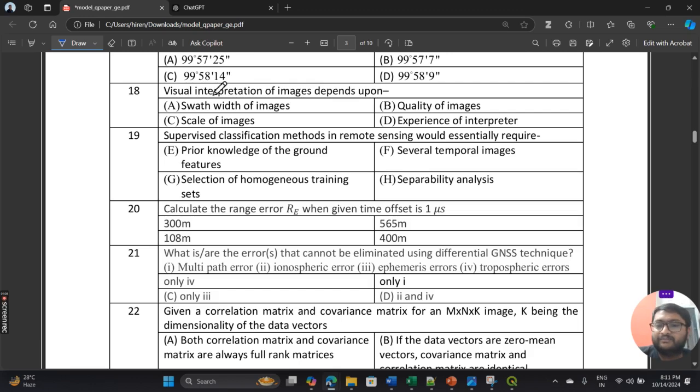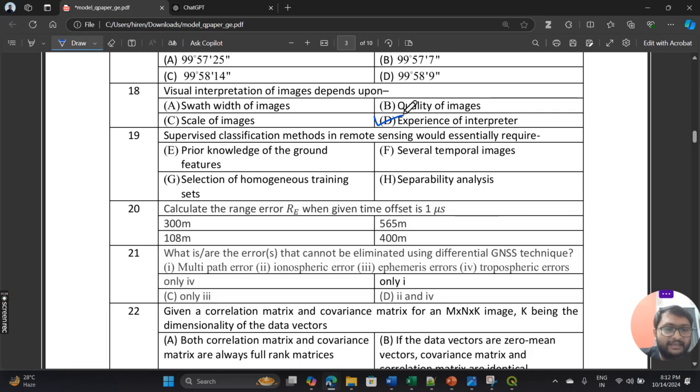Visual interpretation of images depends upon quality of the image. It has multiple answers. Here, the most probable one which I should consider is the experience of the interpreter, compared to the quality also.